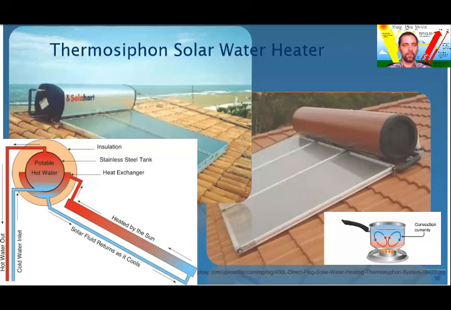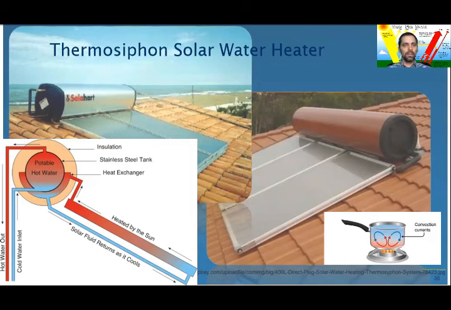How does it work? Water in the solar collector is heated by the sun and will rise to the top of the collector. Due to the closed-loop piping of the collector and the water heater, the warm water will rise to the tank, and cold water from the tank will sink towards the bottom of the solar collector.